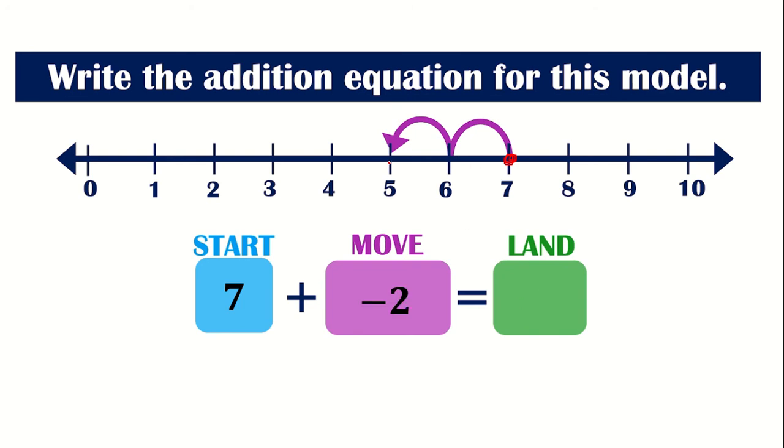And then it landed at 5. So 7 plus, negative 2 rather, is equal to 5. So you can write it as 7 plus, we enclose the negative 2 to make sure that the negative will not be mistaken as an operation minus, is equal to 5.